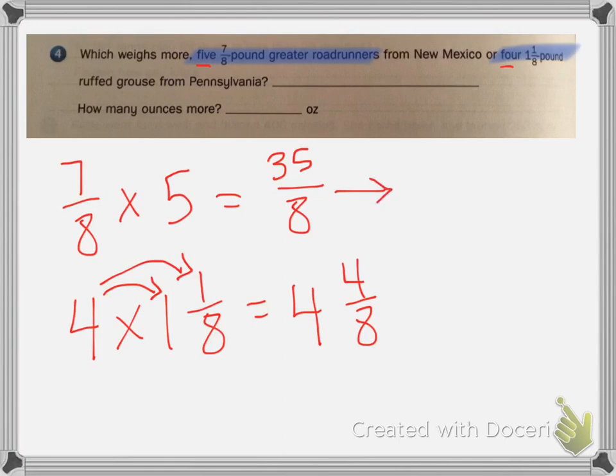How many times does 8 go into 35 without going over? Well, when you count by 8s, 8, 16, 24, 32. And then the next one would be 40. That would be too much. So it goes in 4 times, because 8 times 4 is 32. When you take 32 away from 35, you are left with 3. So we have 4 3/8. So go back to our original question.